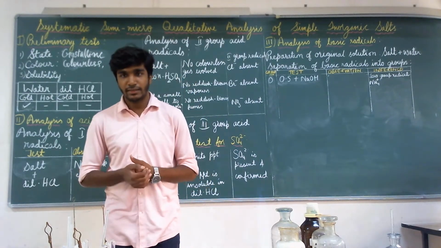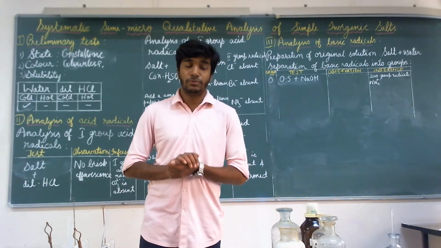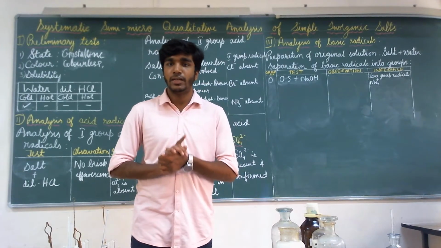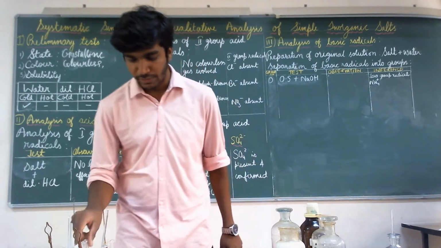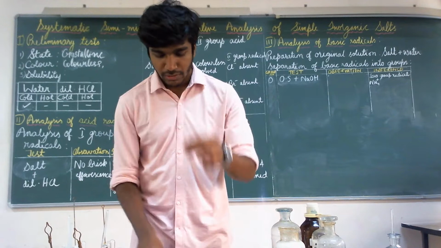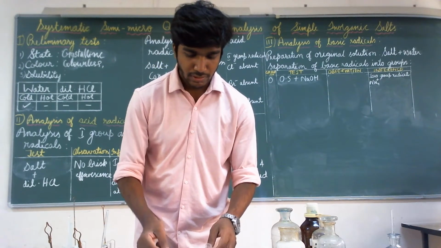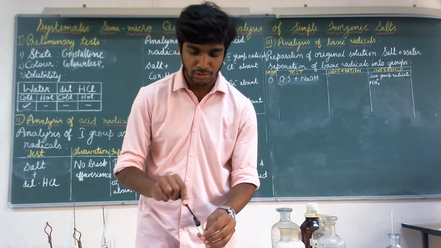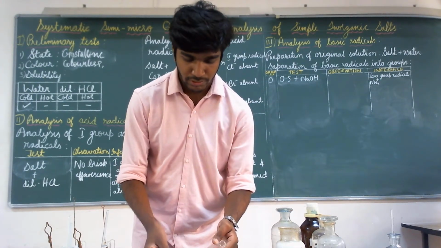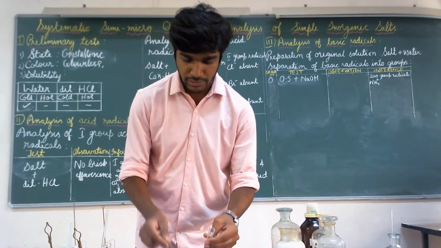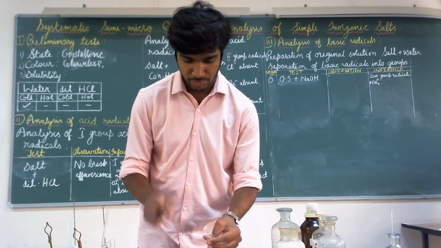Here, before getting into the analysis, we have to prepare original solution like always. So taking a test tube, adding salt to this test tube. Just make sure that original solution is a concentrated solution. I'm adding enough salt and I'll be dissolving this with water.